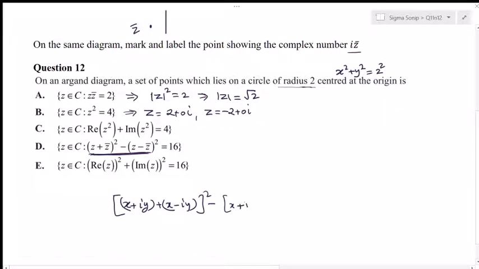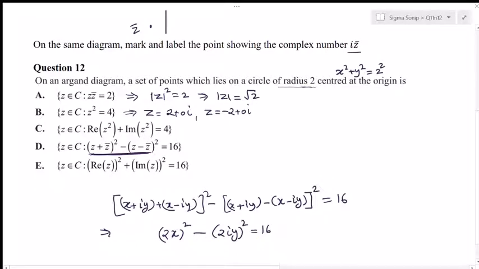And x plus iota y minus x minus iota y, squared, equals 16, and we can further process it. That gives you 2x whole square minus 2 iota y whole square equals 16.